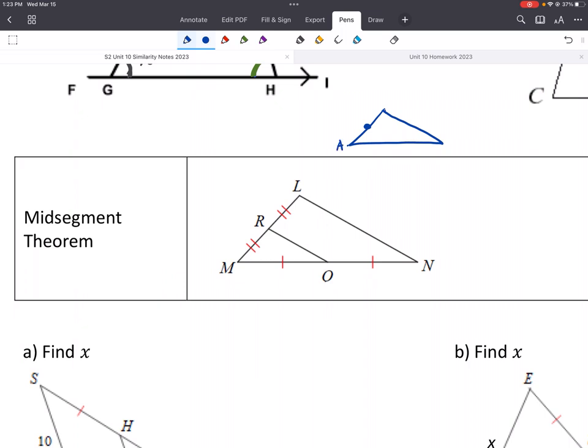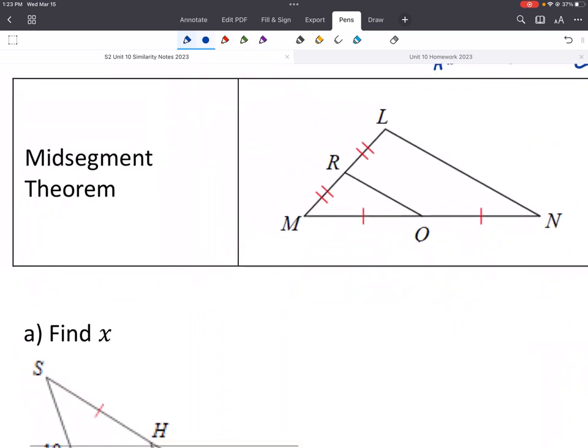So if this was A and B, the midpoint would be halfway between. And then if we took a midpoint for maybe A and C, which would be right here, and drew a line between those two points, that's called a mid-segment. Okay, and we can kind of see it down here. One thing we notice is that if it's a midpoint, then both sides, what I'm trying to say is we basically cut that ML into two equal parts.